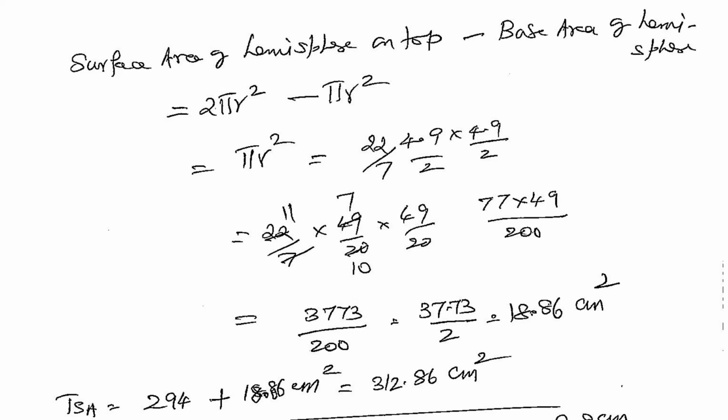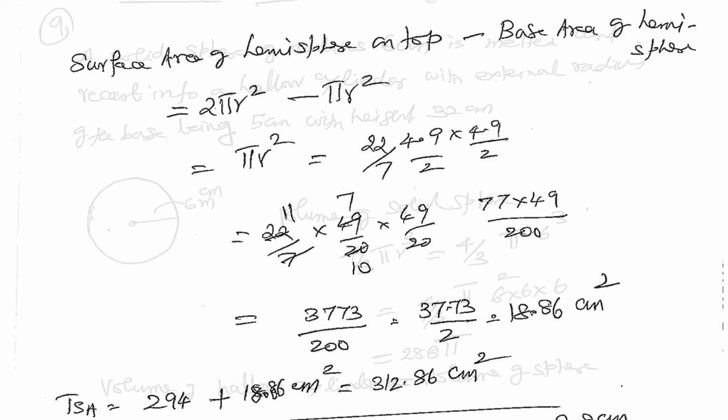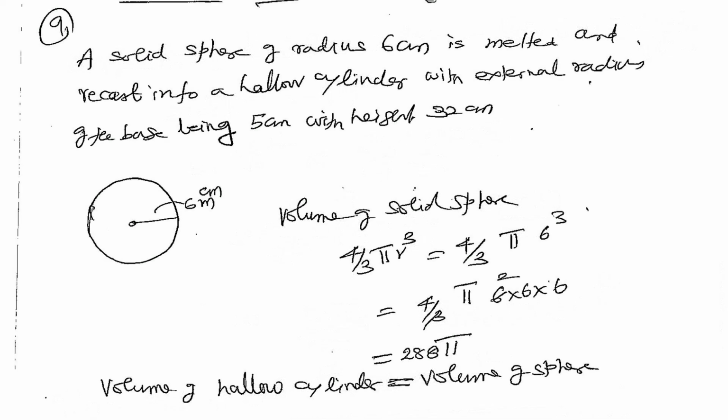Pi r squared, 22 by 7 multiplied by 4.9 by 2 multiplied by 4.9 by 2 gives us 18.86 centimeters squared. So adding this area to the cube surface area, we get total surface area is 312.86 centimeters squared.